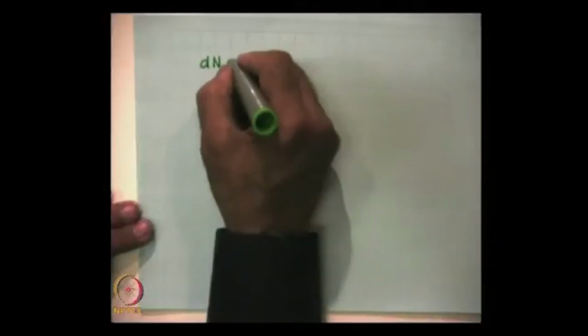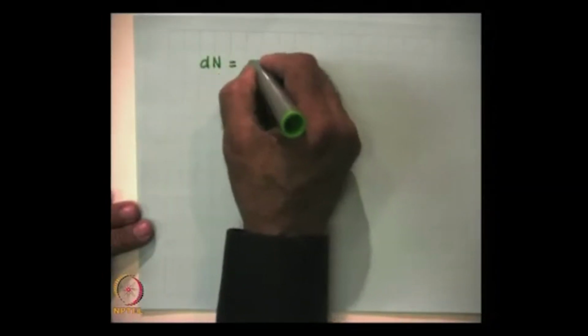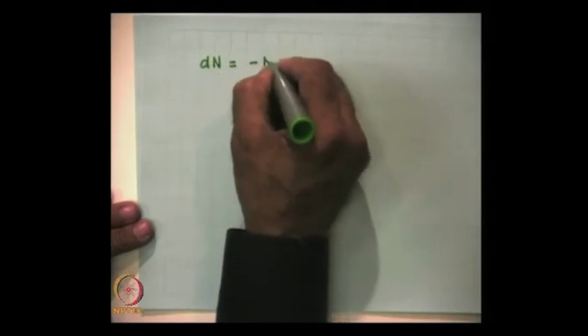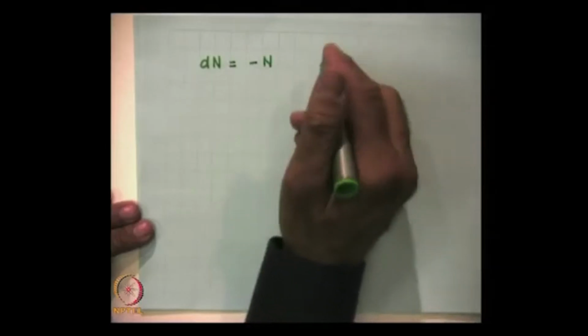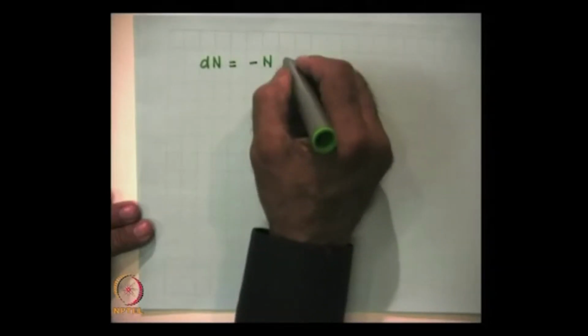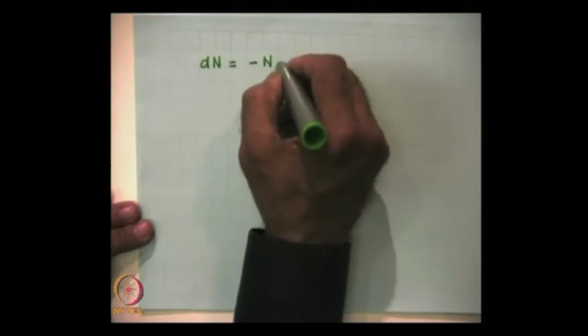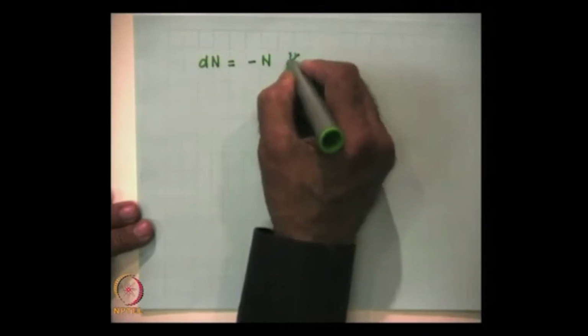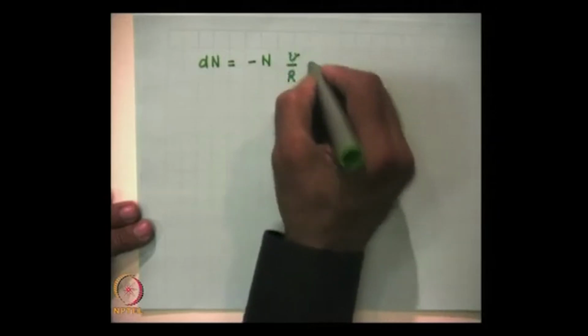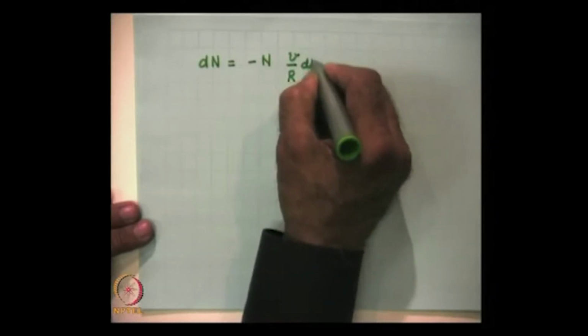So the number of alpha particles that come out is proportional to the number of original alpha particles multiplied by the number of times the alpha particle hits the barrier. That will be about v by r times dt in time t.